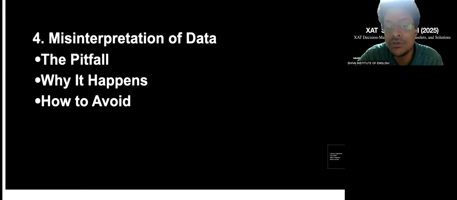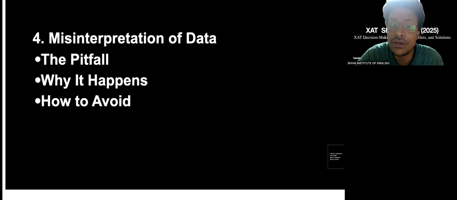And why does it happen? Because of misreading numerical data, facts, or stakeholder concerns. We also depend on personal knowledge or external information instead of the case specification. Then how to avoid that?